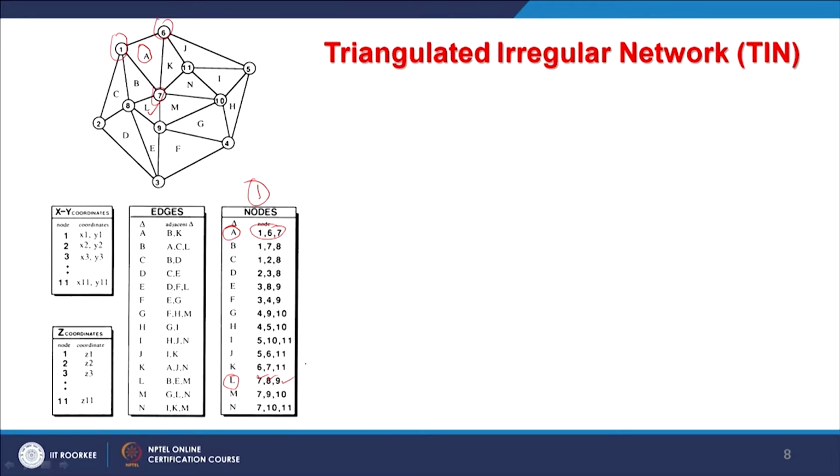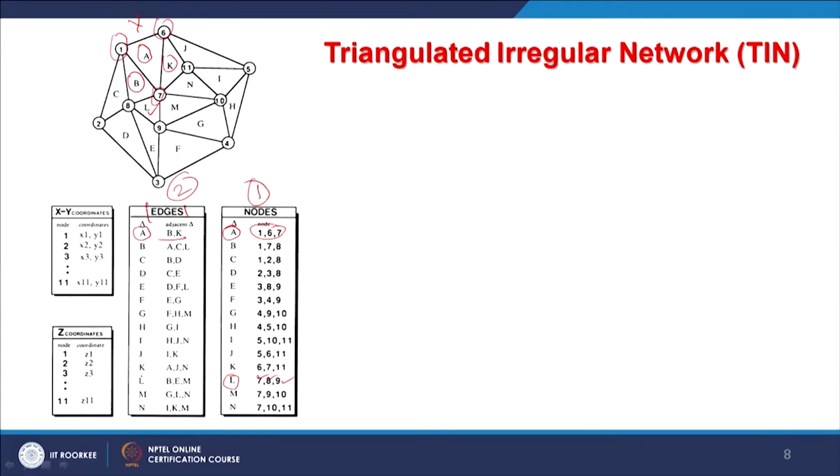Now, the next table is the edge table, which is here, and in the same way if I take the same triangle A, then there are two edges because this is a border area, the margin area. So here we do not have any information, but triangle B and triangle K edges are shared with triangle A. That is why they are there.